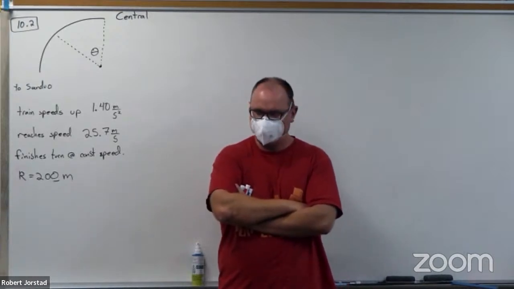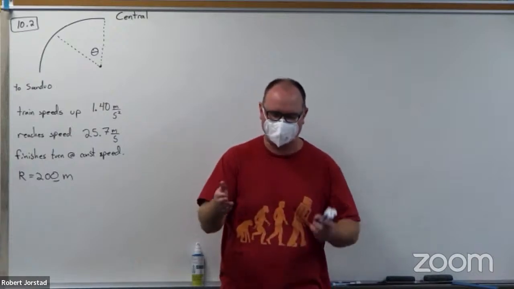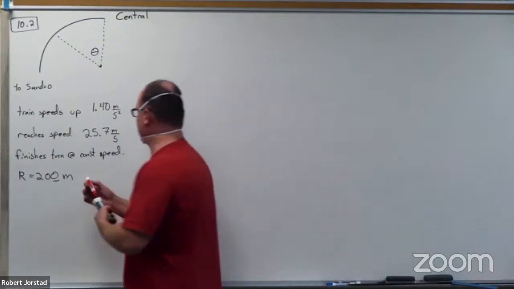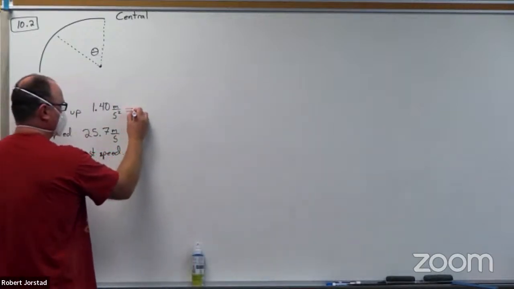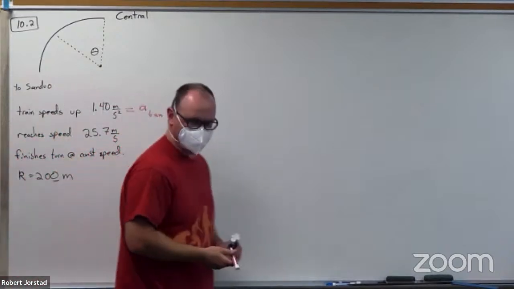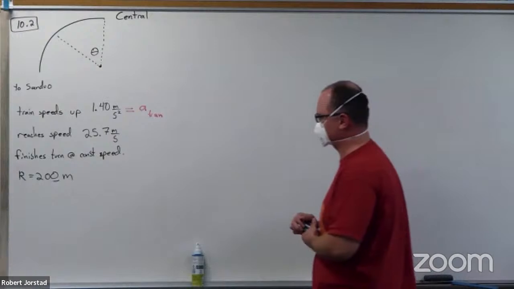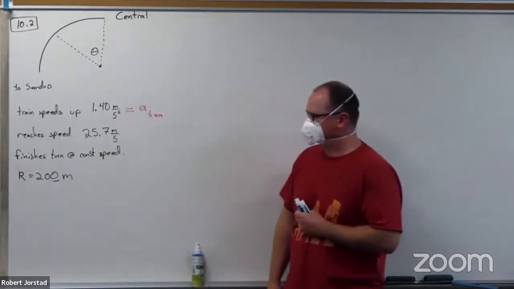A tan. We talked about this in chapter 6. If you don't remember, don't beat yourself up. That's why we're doing this. The rate at which something changes speed is a tangential for circular motion. That's the rate of change for circular motion. Okay?